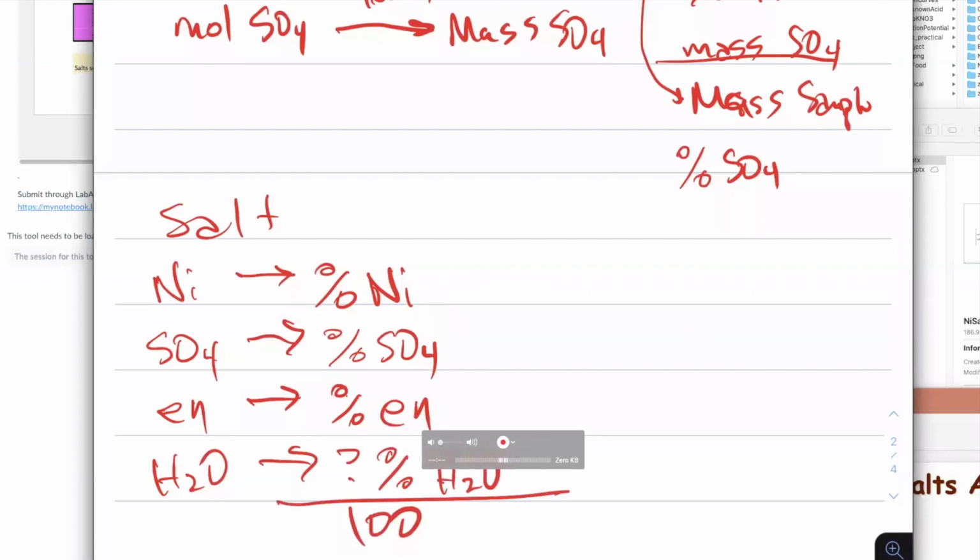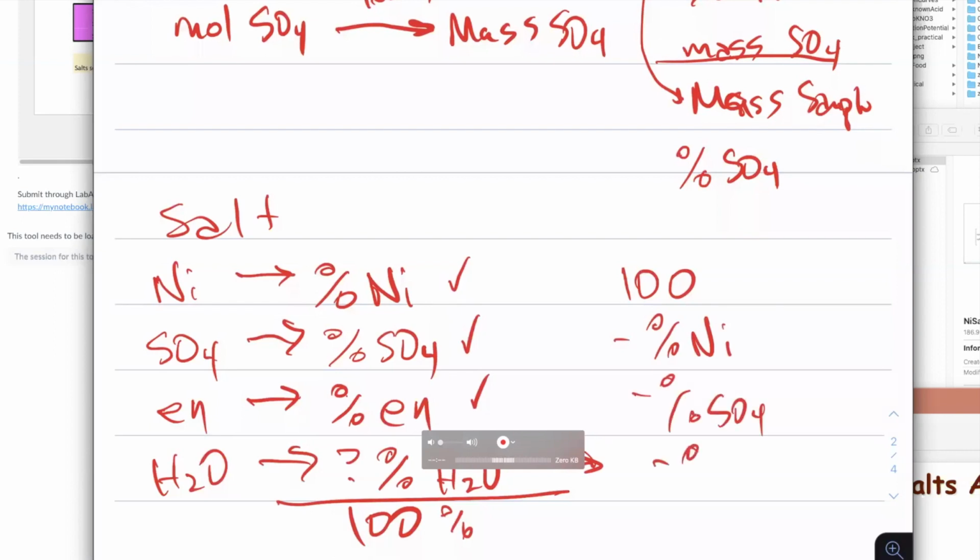It has to add up to 100. So you will have this, this, and this. This one, therefore, is determined by 100 minus percent nickel minus percent sulfate minus percent ethylenediamine, and that's your percent water. You do it by difference.